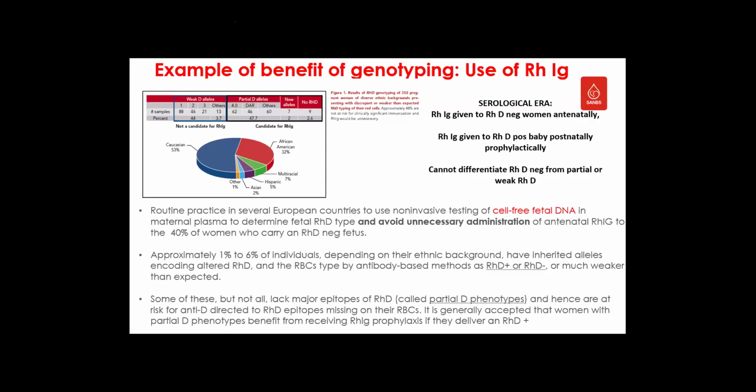They were from different ethnicities, and they looked at the distribution of the weak versus partial D alleles. If you apply genotyping and you can separate the partials from the weak Ds, you can then obviously also eliminate the weak Ds who don't need rhesus immunoglobulin. So this is also a good application of this technology.